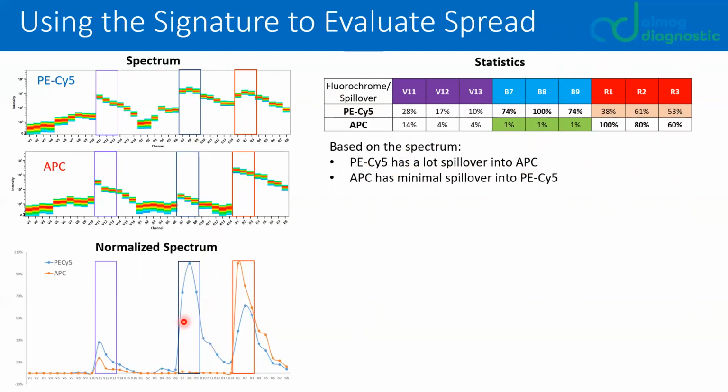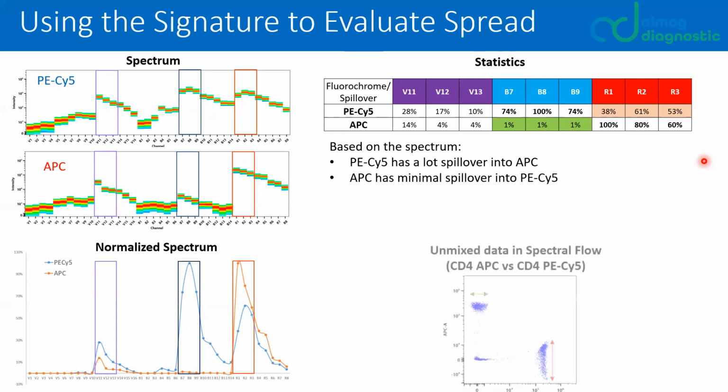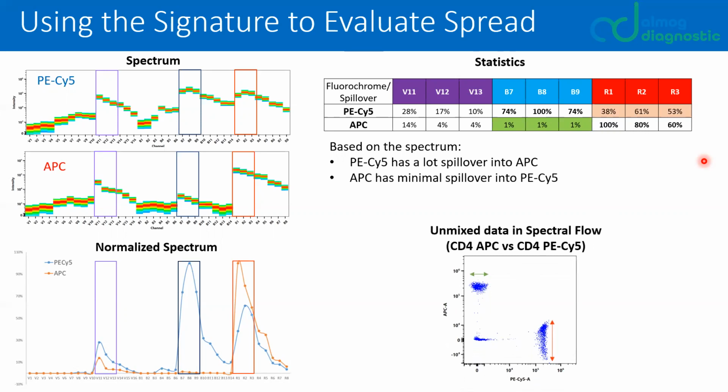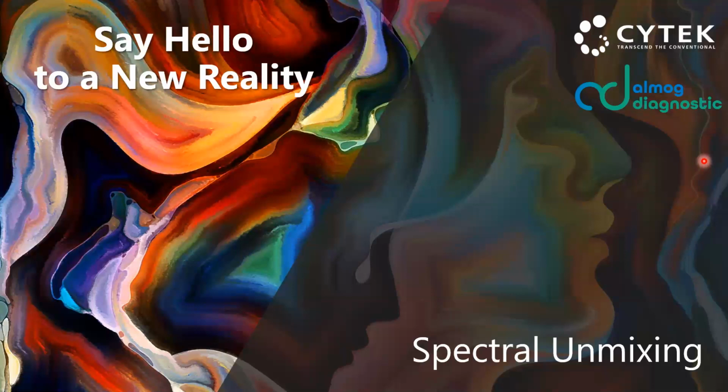We can also see it here in the overlay graph, meaning that, although they are being detected by different lasers, when you're using conventional flow cytometry, you need to run compensation between these 2 dyes. This, of course, doesn't interrupt us when using the automated unmixing algorithm on spectral flow cytometry. So I now hand over to Aviva.